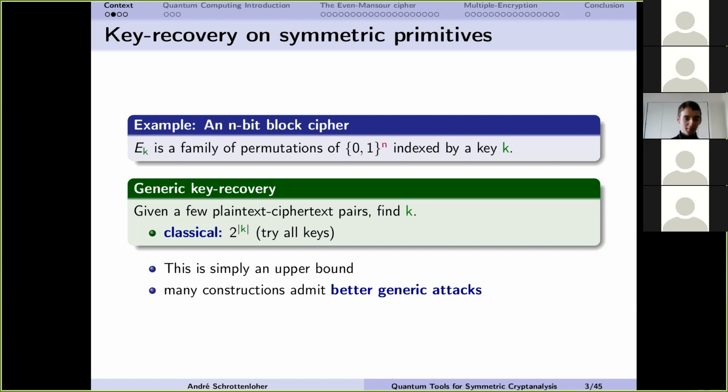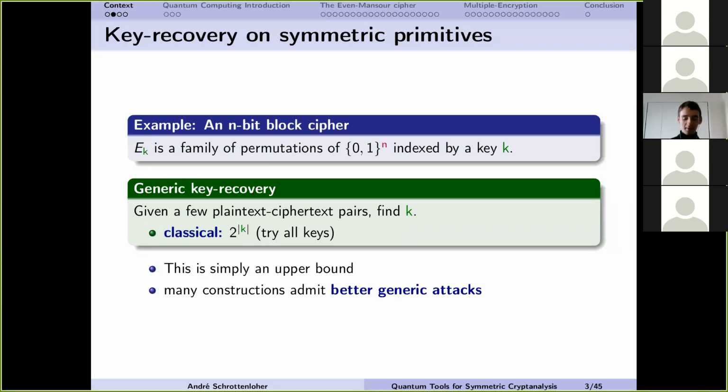We want to find the corresponding key. We know that there is a generic attack that is always applicable that basically defines the security of a cipher: trying all the keys. And if we have an ideal cipher, then this is the only way that we can recover the key.